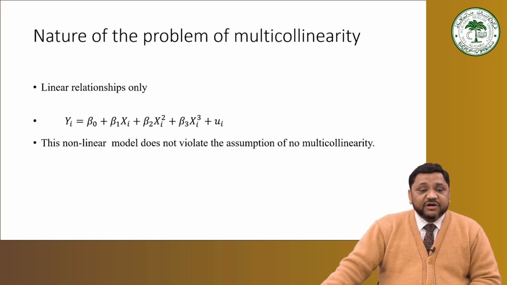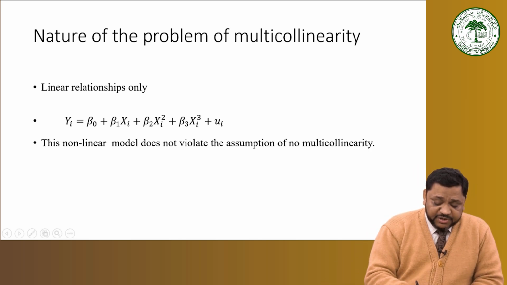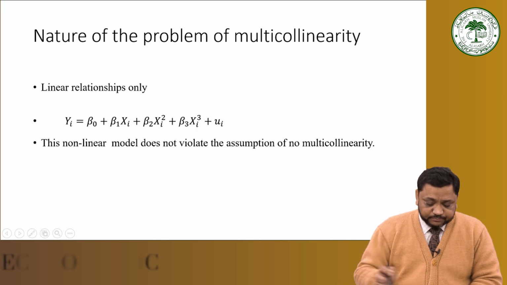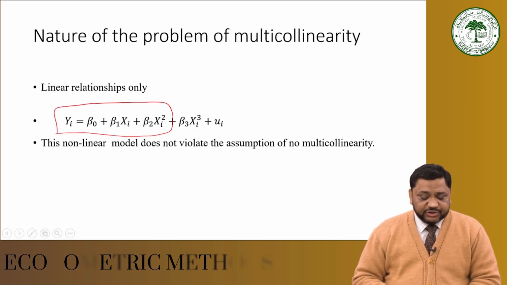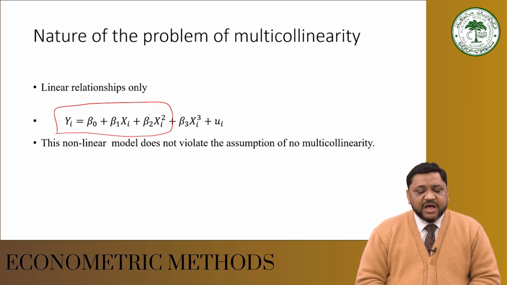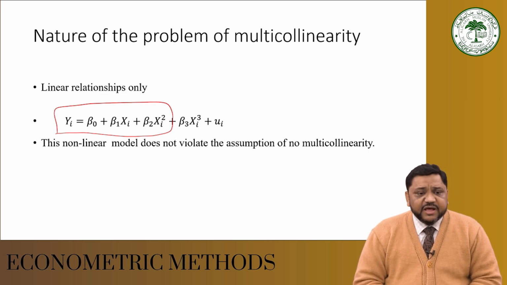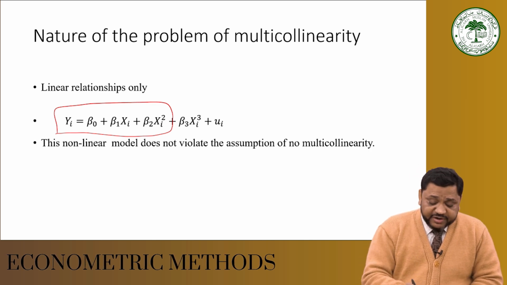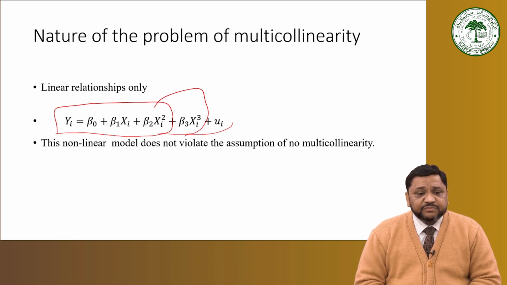Like, see, we have taken a function, or we can just take, suppose, a quadratic function, where we have the first variable x raised to the power 1, and next we are taking x raised to the power 2, or we take a cubic function like this, where we have incorporated a term x raised to the power 3.